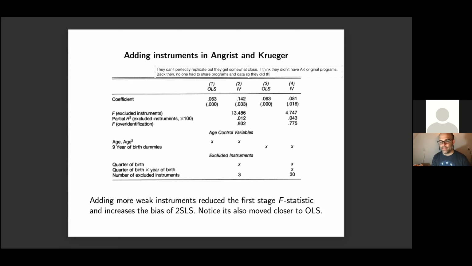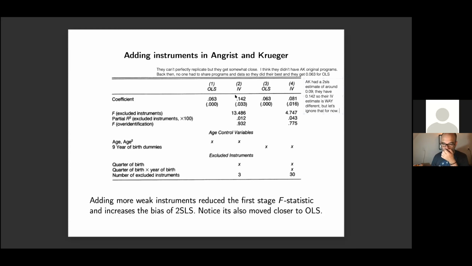So they did their best, and they get 0.063 for OLS. It's their IV that's much larger. AK had a two-stage least squares estimate of around 0.09. They have 0.142. So their IV estimate is way different, but let's ignore that for now.